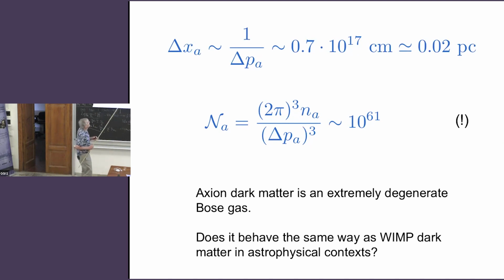And the quantum degeneracy, the phase space degeneracy, is 10 to the 61. So it's extremely degenerate, whereas WIMPs are extremely non-degenerate. So this suggests that maybe we can distinguish axions from WIMPs.